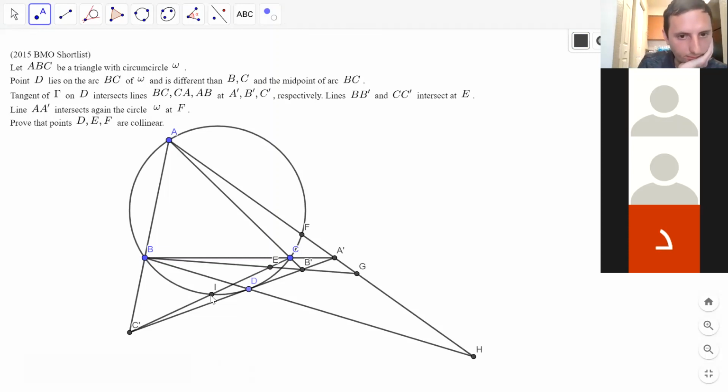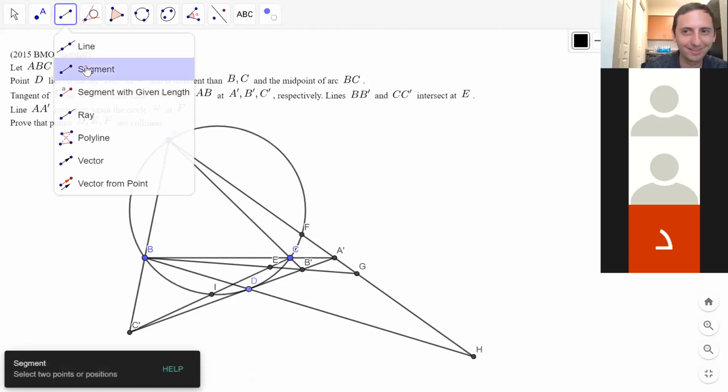I think that might be Pascal's. I'm just guessing stuff, right?